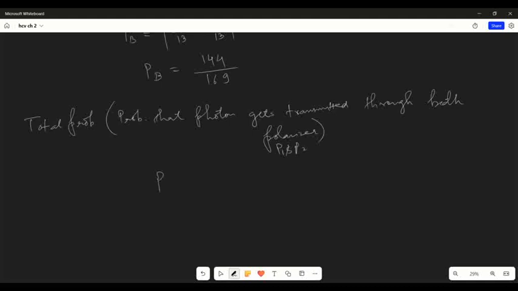So the total probability we can write as the probability that the photon will get transmitted through polarizer 1, and, with a multiplication sign for the and, the probability PB. So the probability PA is 4 by 13 times 144 by 169. So this is equal to 576 divided by 2197. So this is our answer.